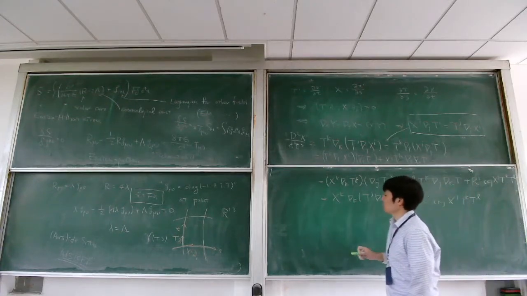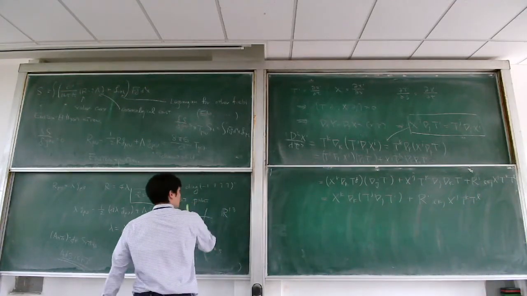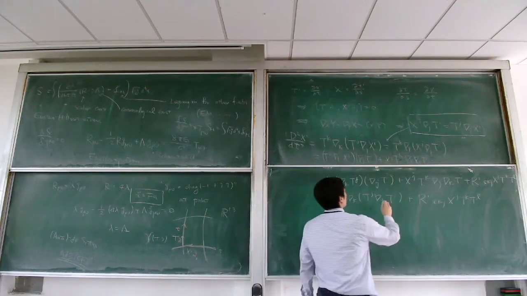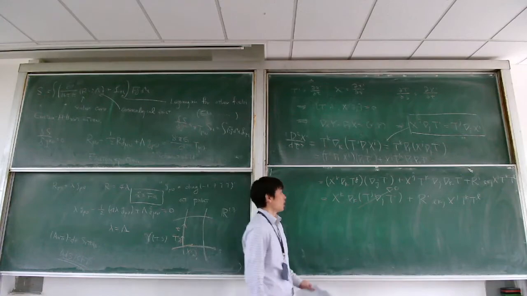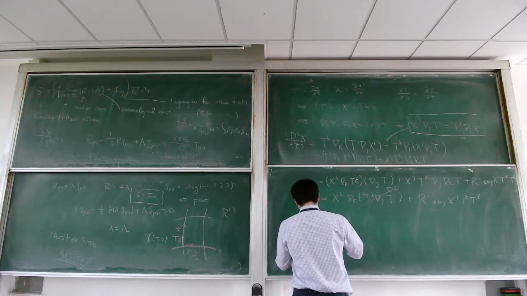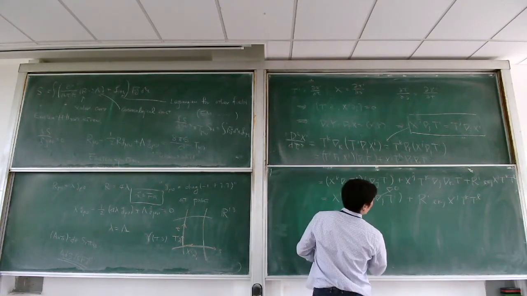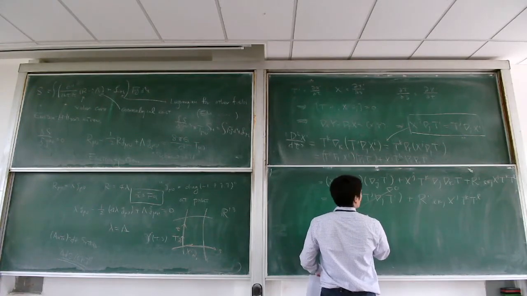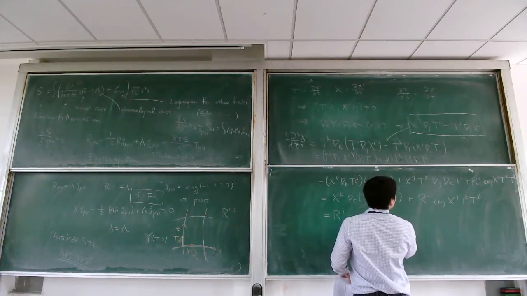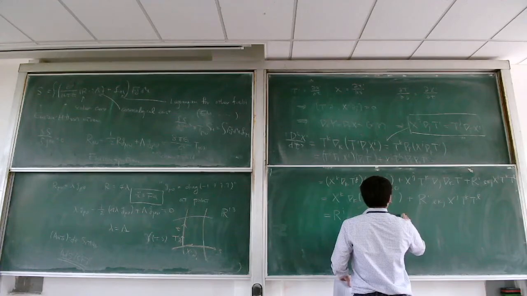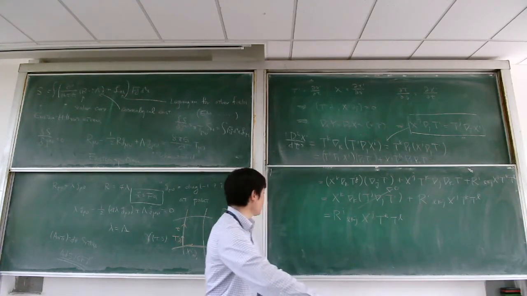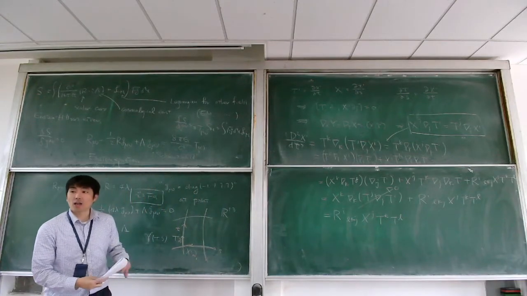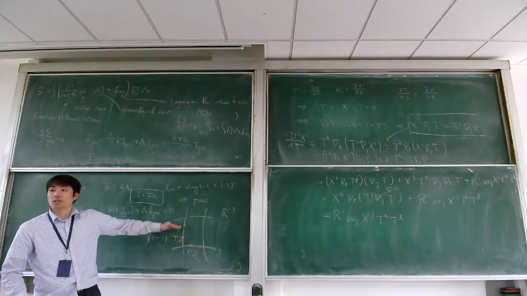And since T is a geodesic, this one is 0, and this one is 0. At the end of the day, what you get is R^i_{lkj} X^j T^k T^l. That's how you derive the acceleration of this spatial vector along this time-like geodesic.